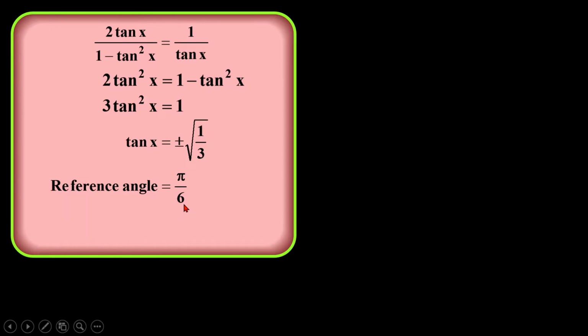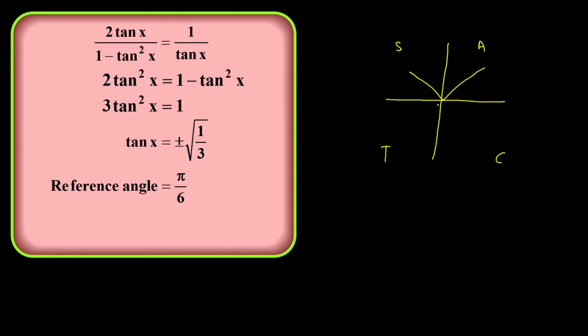Now, once that is done, I need to check all the quadrants because it's positive and negative. So again, I'm going to go like this, and for this case, I will need all the quadrants. So I will have one here, one there, another one, and another one.